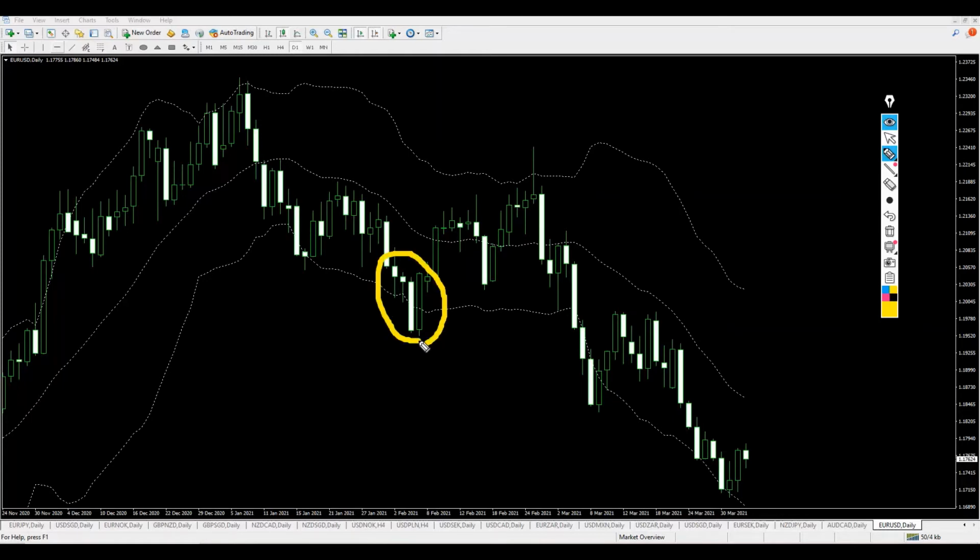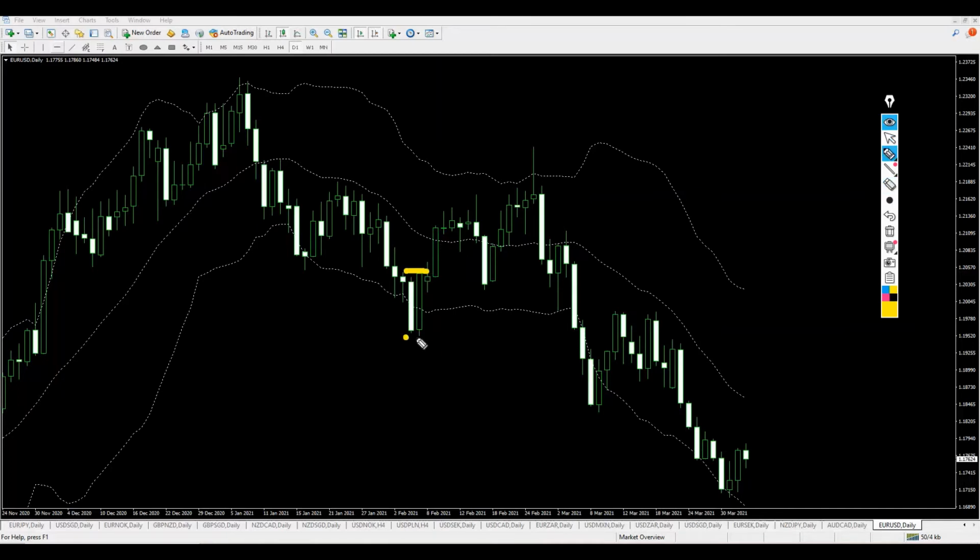The first candle closes outside the lower band. This is candle number one. Candle number two opens outside, closes back inside, and this is our setup. As soon as the candle finishes that day, we can enter the market.